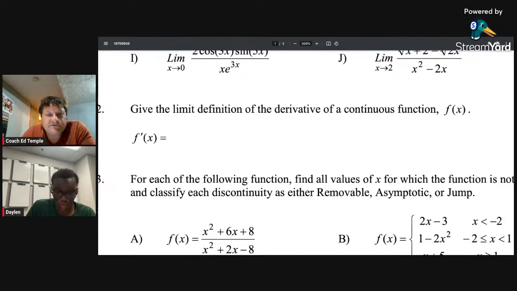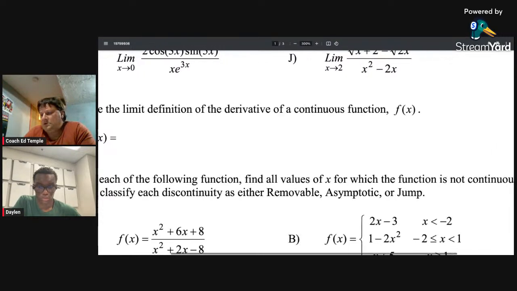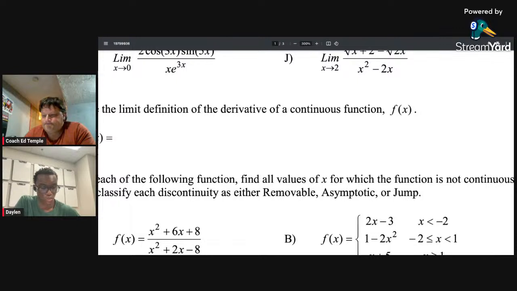Okay, they did use the terms that I've been talking to you about. The very next question, it says, for each of the following, find all the values of x for which the function is not continuous.